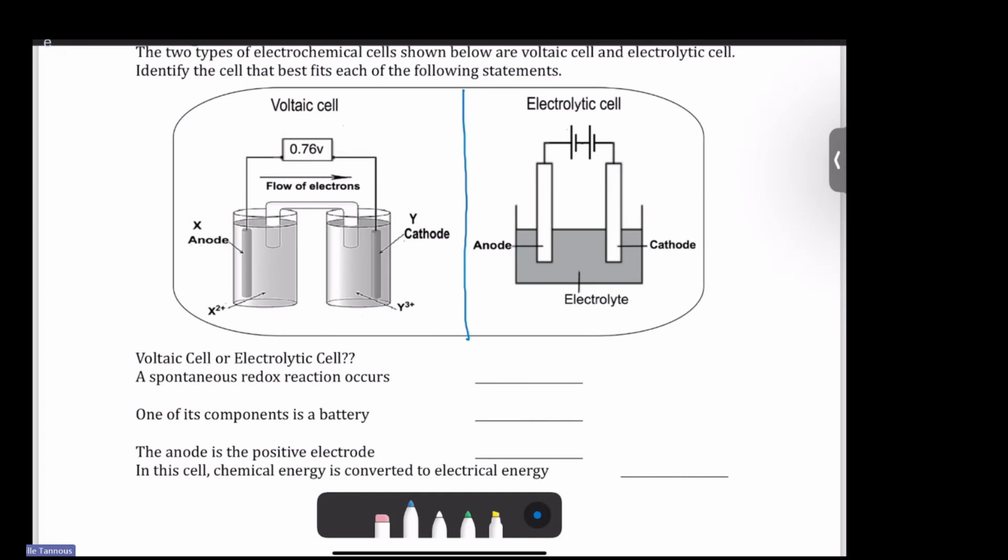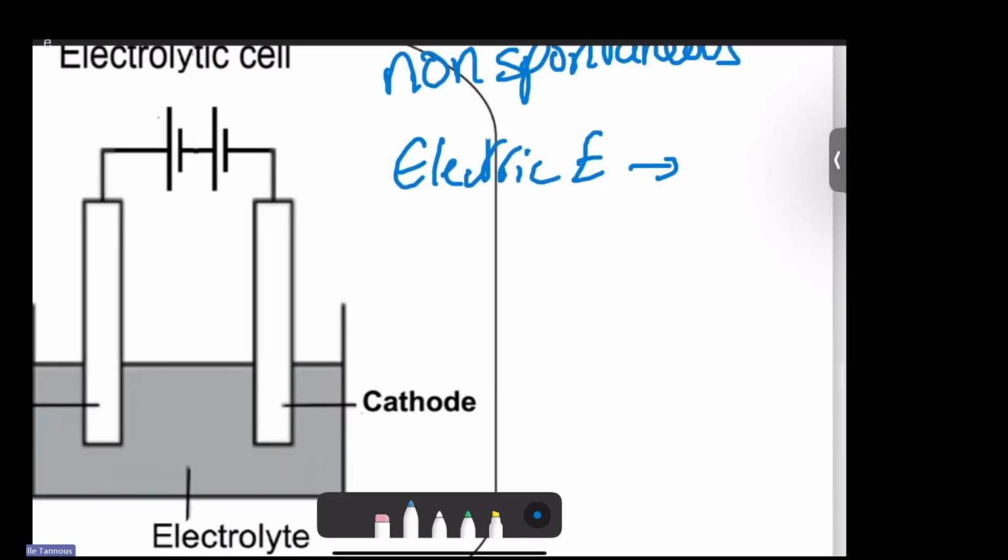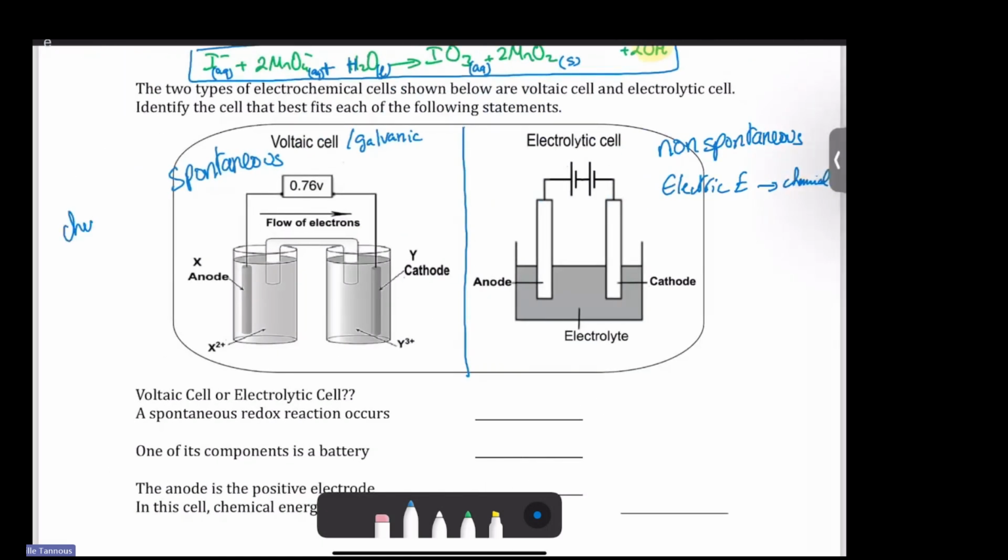However, one is spontaneous, the voltaic cell, also known as galvanic, and one is non-spontaneous. One converts electric energy to chemical, and the other the opposite. It's a chemical reaction that produces electrical current, so chemical to electrical energy.